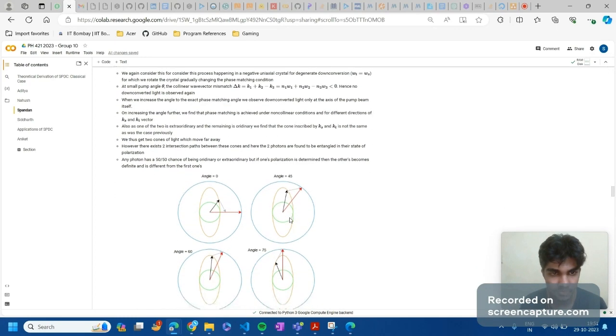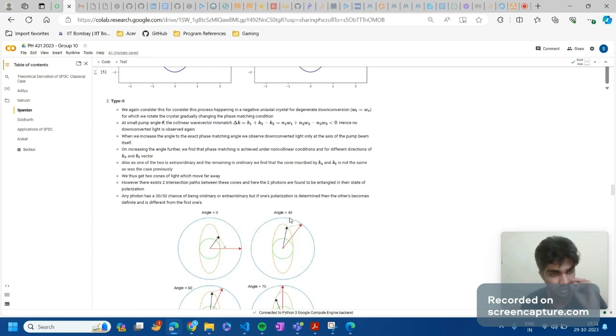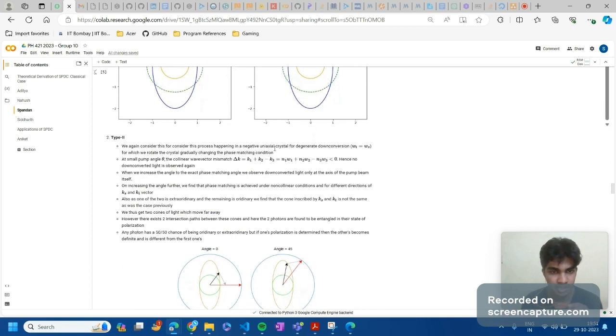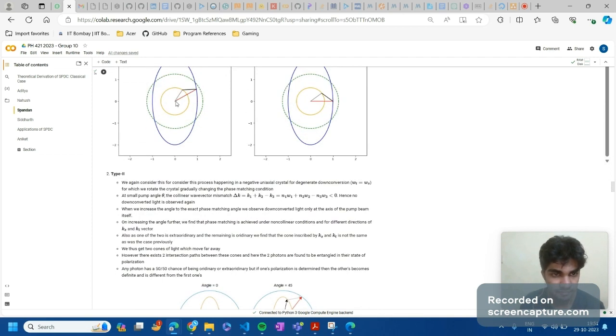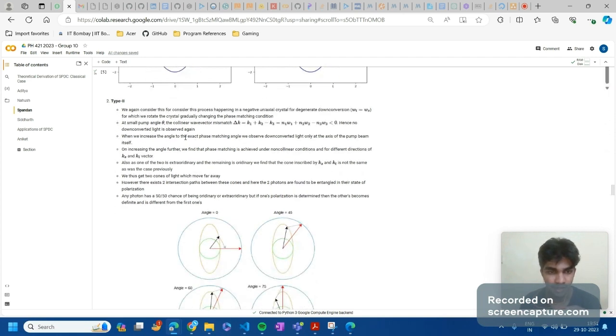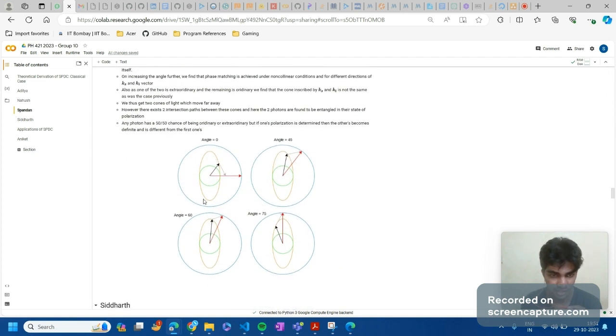And afterwards we move on to type 2 phase matching. So in type 2 phase matching, what happens is that the signal and the idler beams have different polarization. So one is ordinary, the other is extraordinary, and because of that, as you can see in the diagram, one of the wave vectors lies on an ellipse while the other lies on a circle.